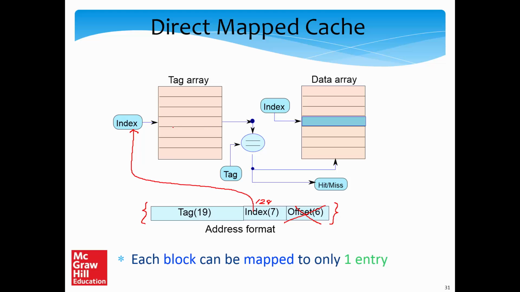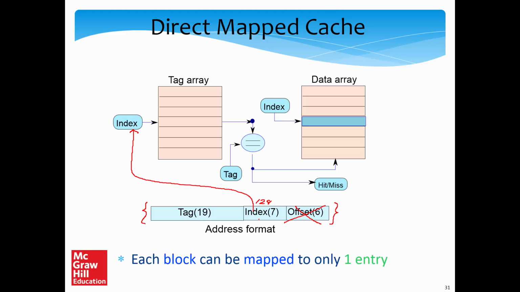A direct mapped cache means that a given block can reside in only one entry. Unlike a fully associative cache where it could reside anywhere, this can reside in only one entry. How is that entry decided? We remove the offset part, which is 6 bits in this case because it's a 64-byte block.